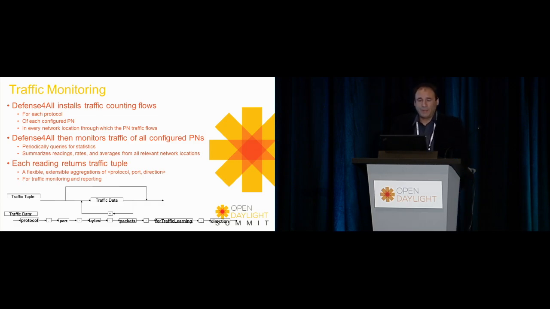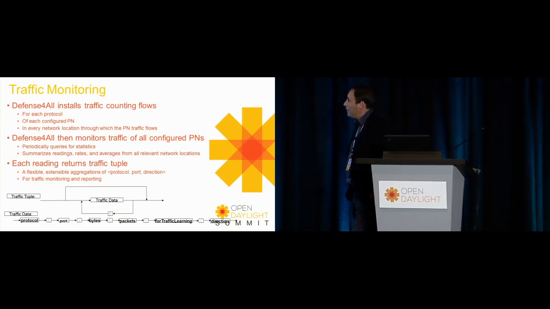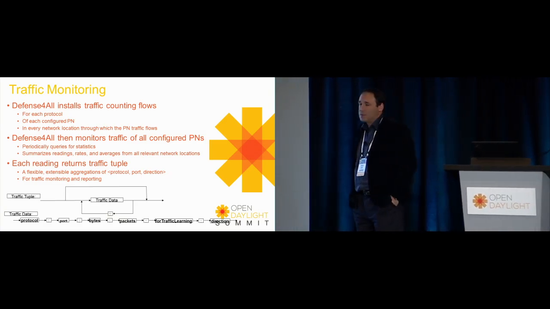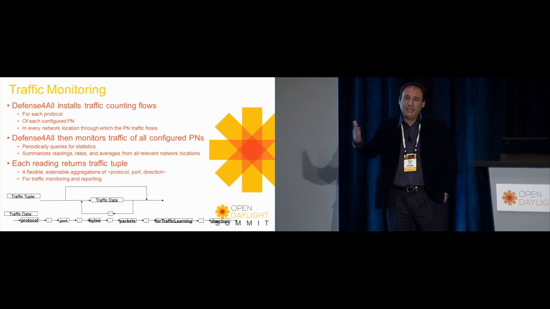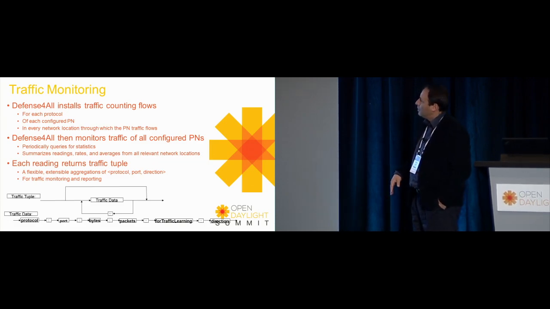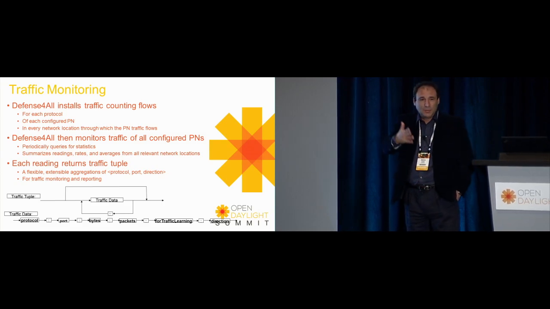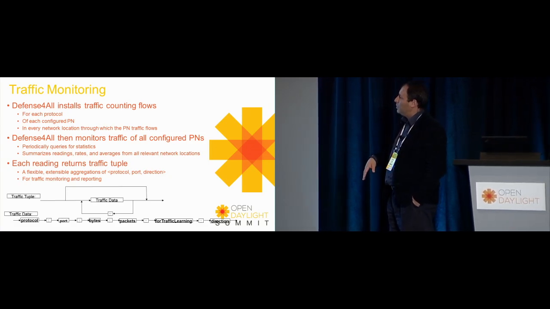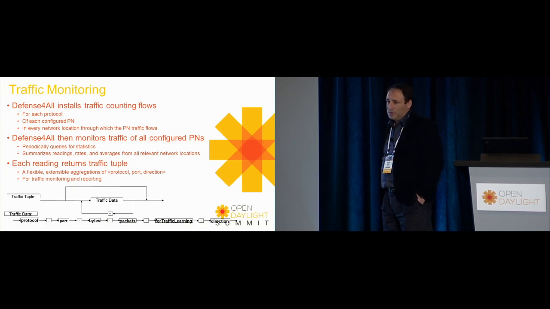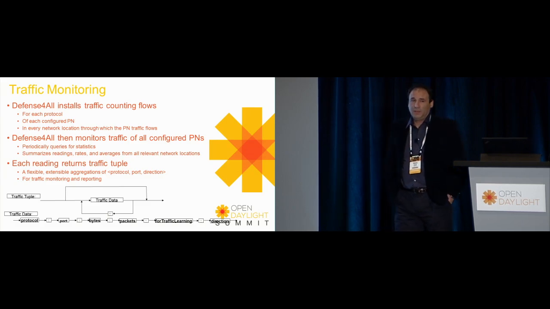When we monitor traffic, we install traffic counting flows in the specified switches, specified net nodes. And we install them for each protocol. There was a question earlier. For each configured protected network in every network location relevant to that protected network.